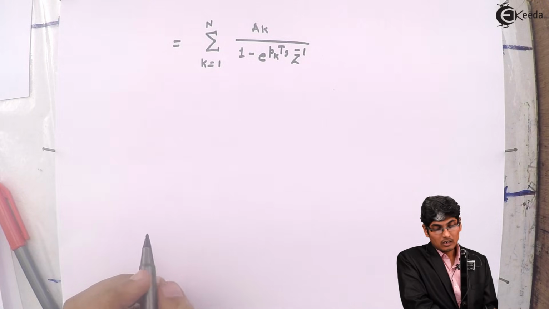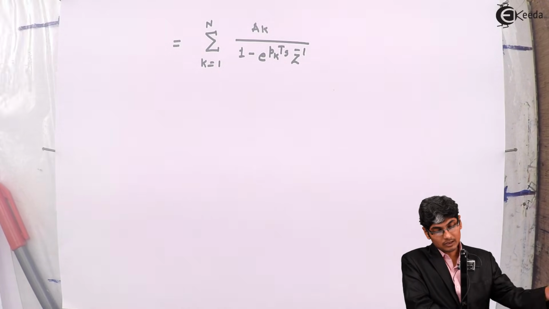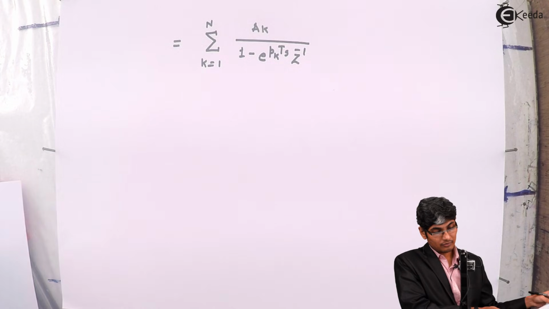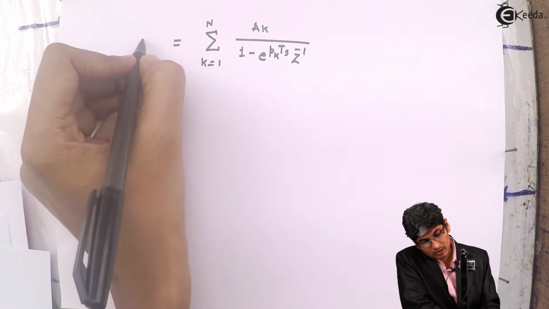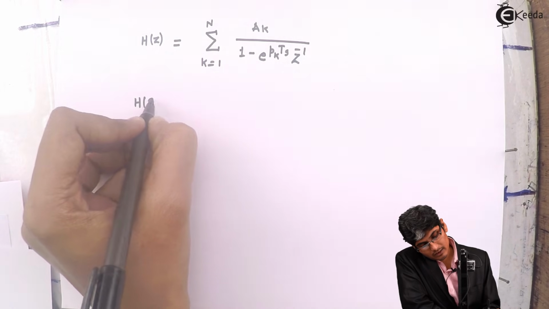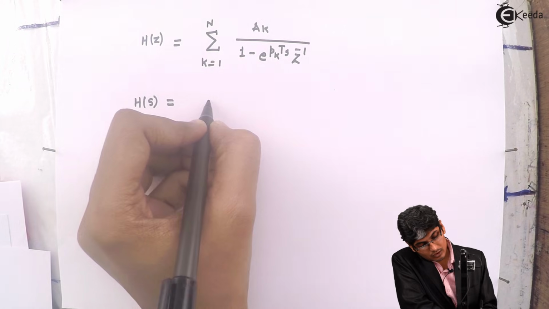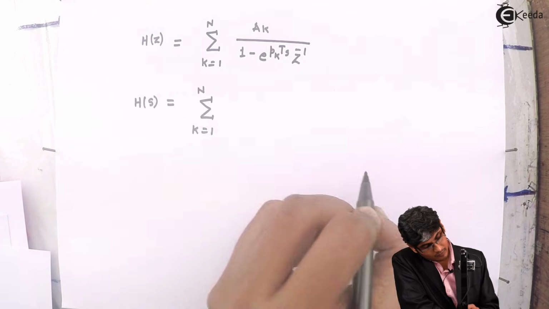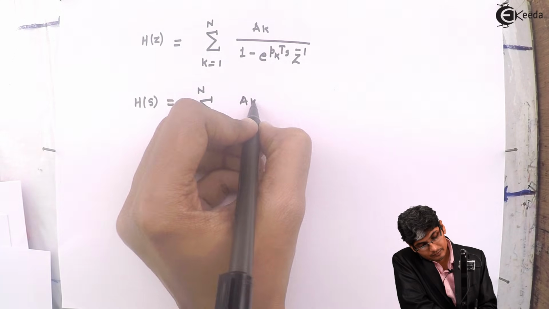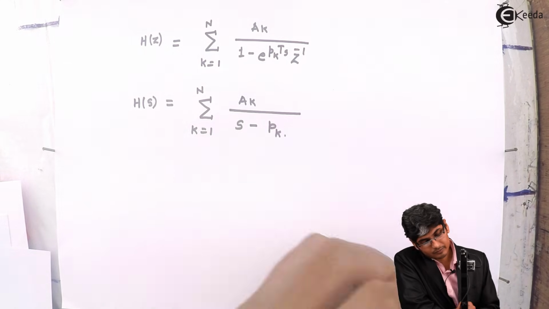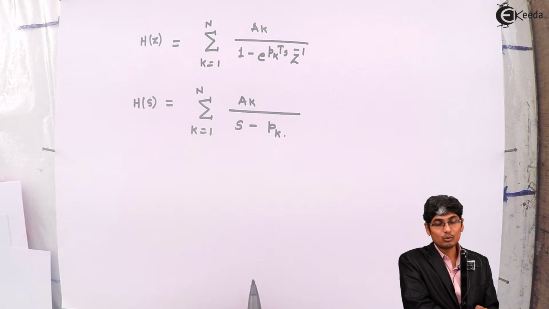Let us compare this with our previous equation. Let us take our equation number 1 of H of s. So this is my H of z. I'll write again H of s where we started from. H of s was summation k going from 1 to n, a_k divided by s minus p_k, where p_k were the poles.